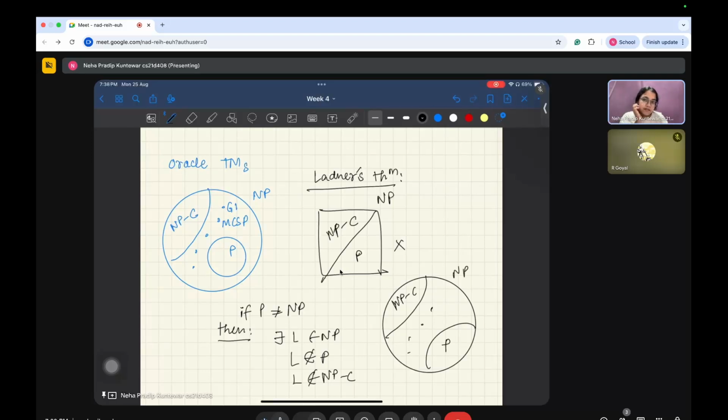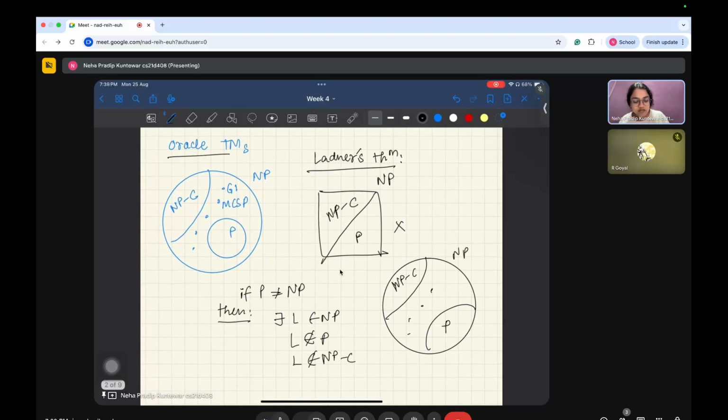So the point is that what this tells us is that there is some kind of hierarchy even within the languages in NP. There are some very hard problems, and there are some problems that are not as hard as them. So how do we measure which one is harder and how hard it is?